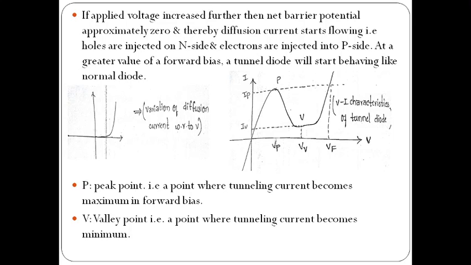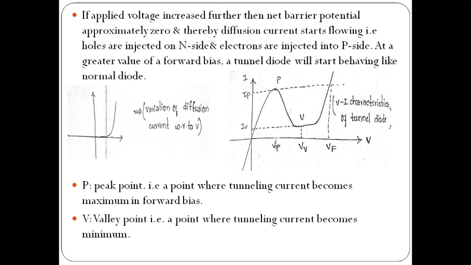If voltage increases further, then the net barrier potential is approximately zero, and thereby diffusion current starts flowing. That means holes are injected on the N side and electrons are injected into the P side. At a greater value of forward bias, the tunnel diode will start to behave like a normal diode. So when you are increasing the forward bias voltage more, the diffusion current will start.